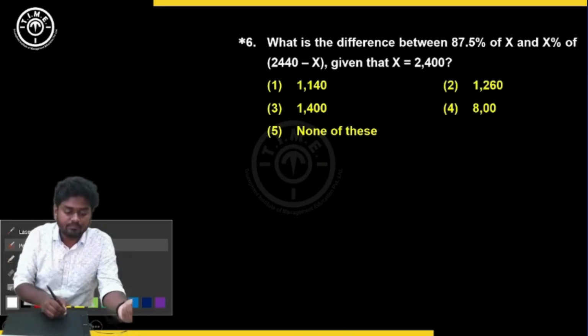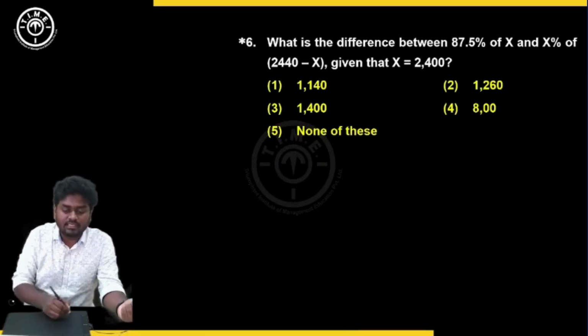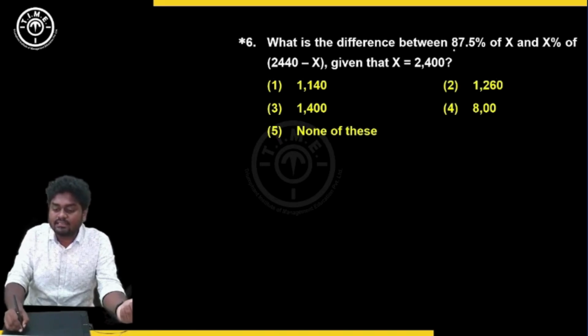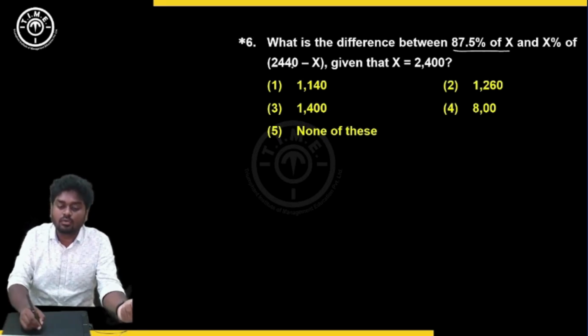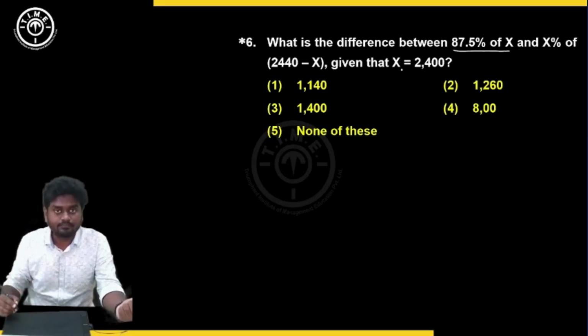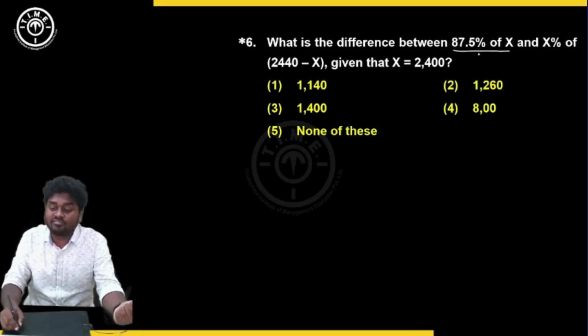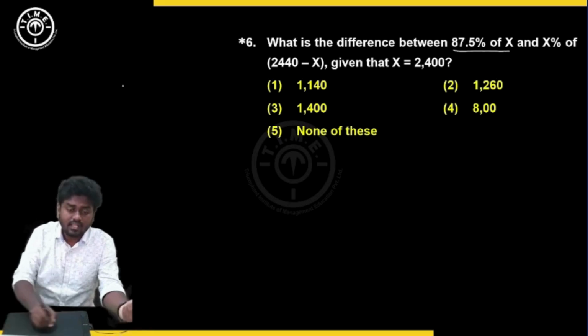Look at this question. What is the difference between 87.5% of x and x percent of 2440 minus x, given that x is equal to 2400? So let's see how we can solve this question. How can we break this 87.5?